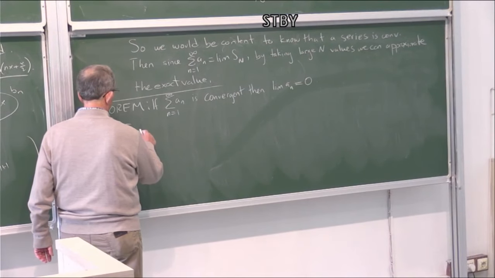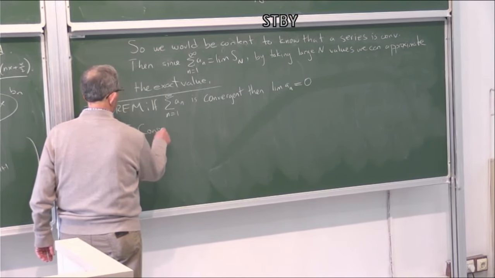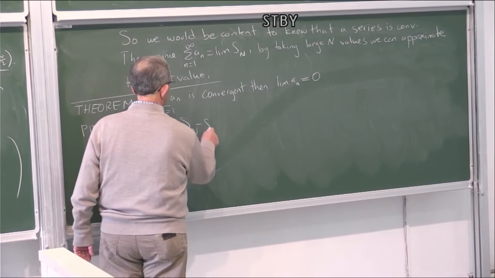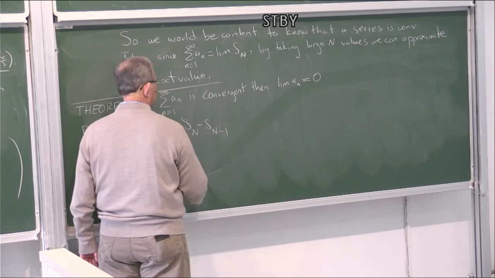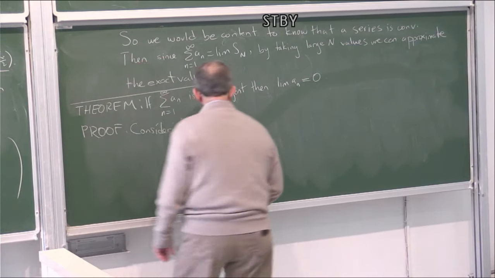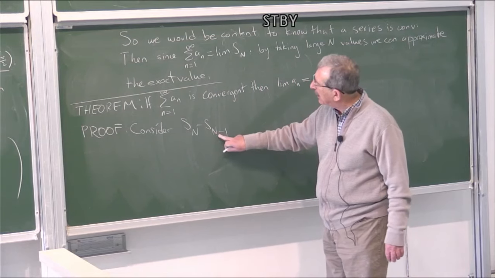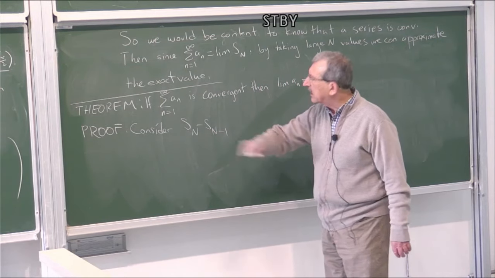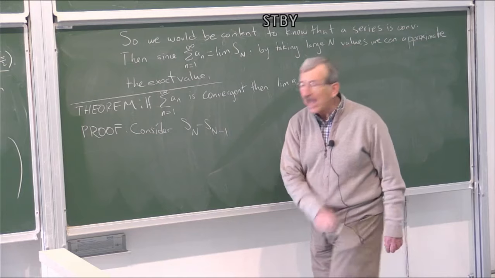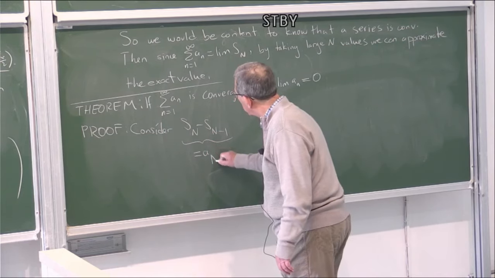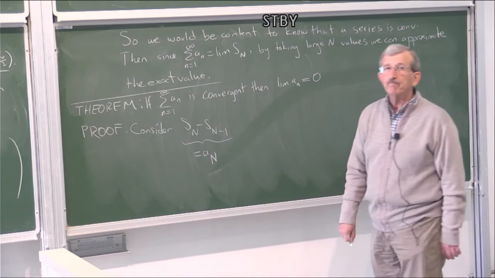Well, consider S_n minus S_{n-1}. What is this? This is the sum of all terms up to the index n, minus the sum up to n minus 1. This has an extra term, which is a_n.